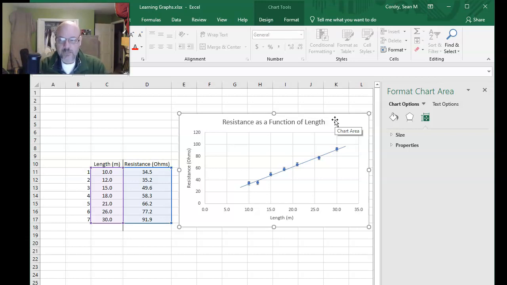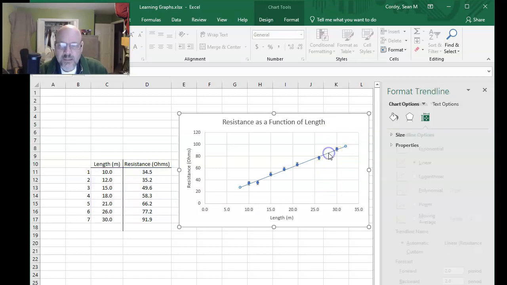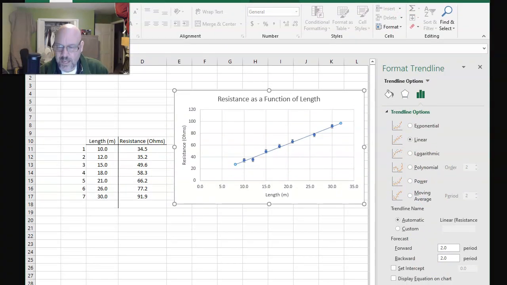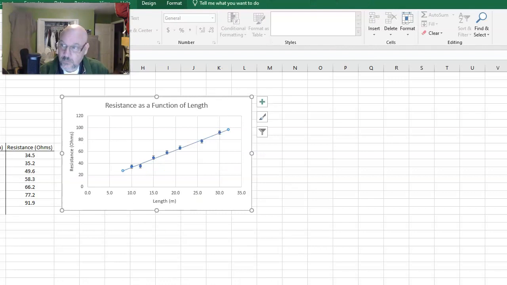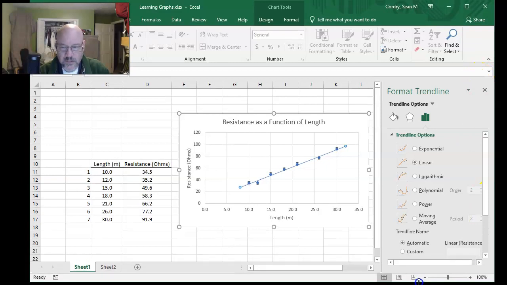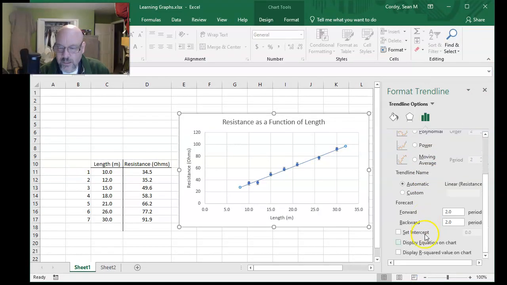One more thing we want to do here. We click on this and get our format options. I'm going to have to choke up on this thing a little bit. Let me scroll down here.